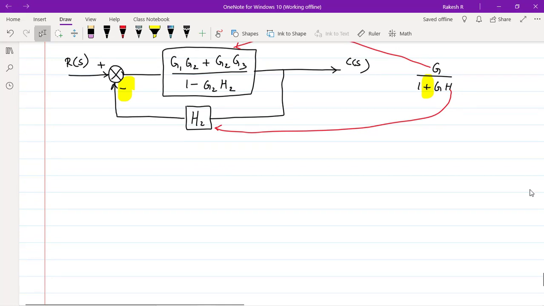Directly I'll write the transfer function, that is C of S divided by R of S, which is equal to, here in the numerator G is what?